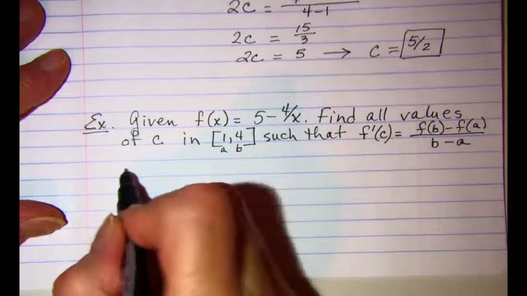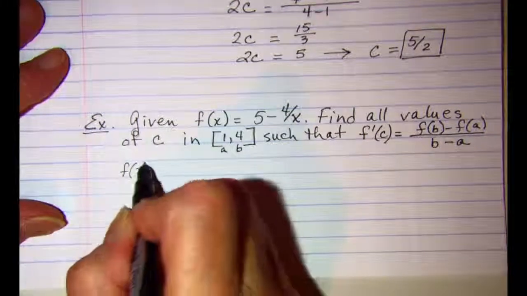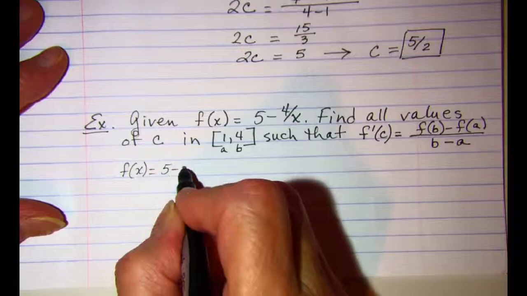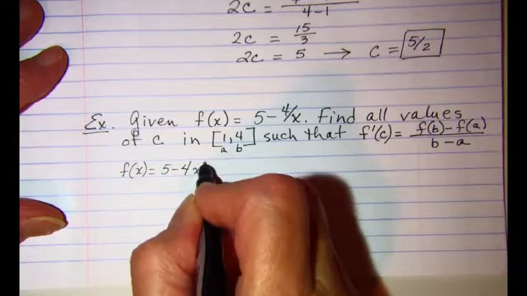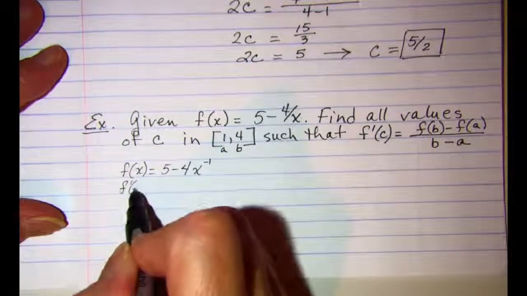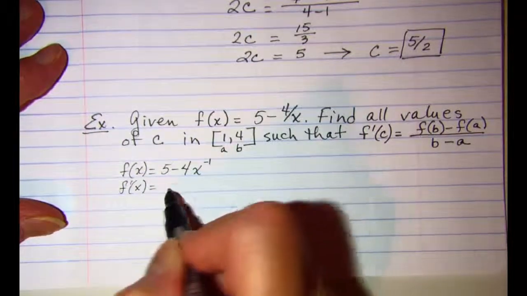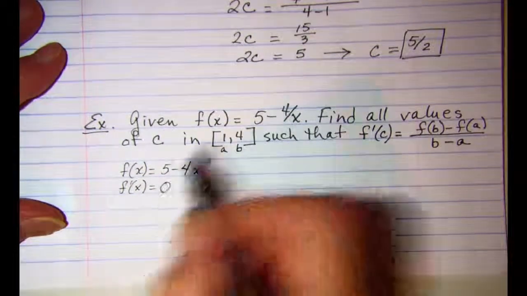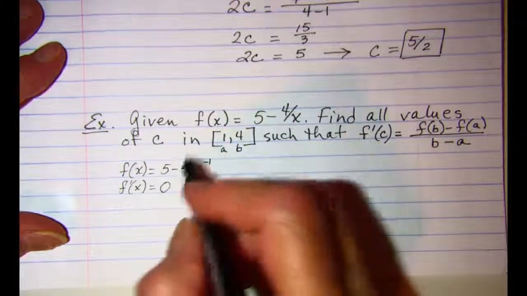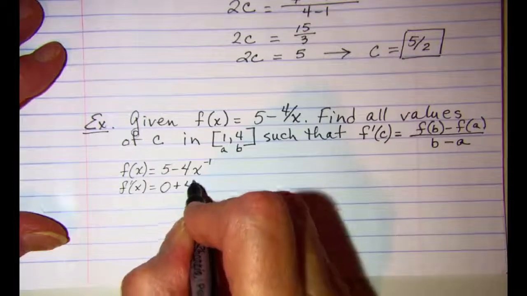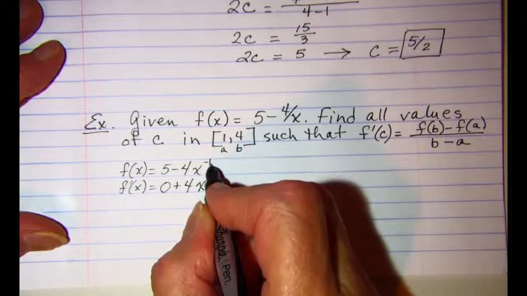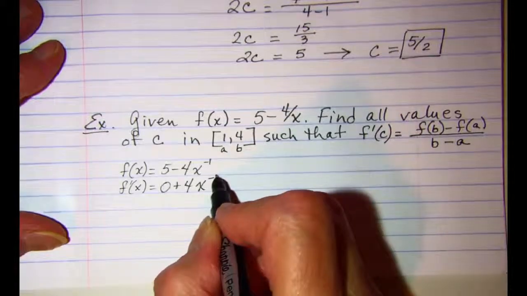I'm going to rewrite my function with a negative exponent here. So 5 minus 4x to the negative 1. My derivative then is 0, and then the power rule, negative 1 times negative 4 is a positive 4. X to the, subtract 1 from this exponent, so negative 2.